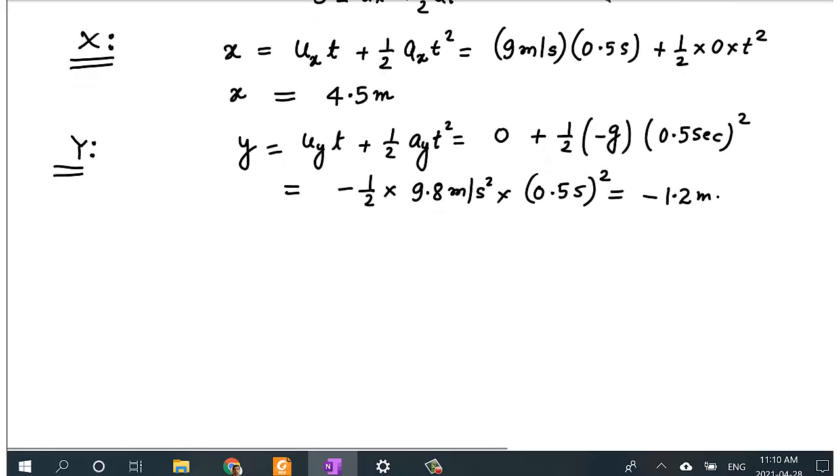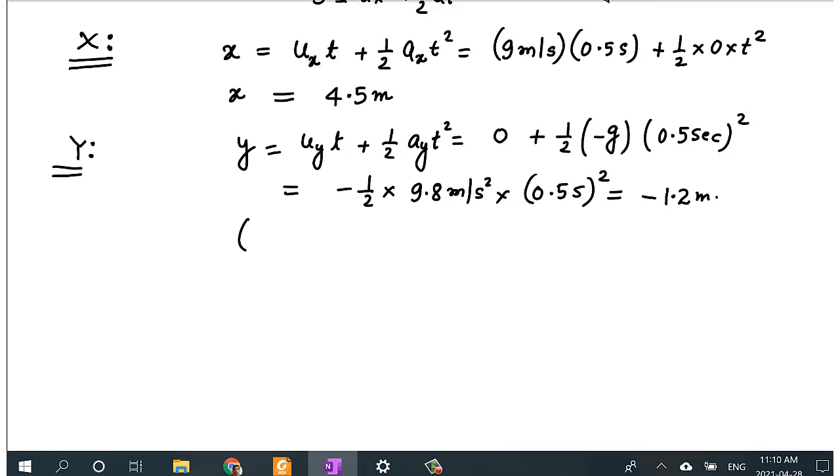So basically, what is the position? Now I know the position, that is the x coordinate and y coordinate. The x coordinate is 4.5 meters and the y coordinate is minus 1.2 meters. The negative sign here shows that the position of the motorcycle is below the initial position, and that's why there is a negative sign.